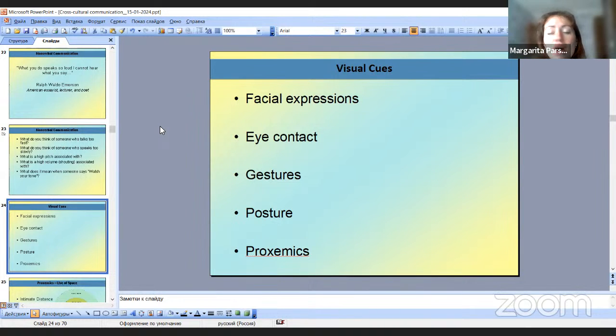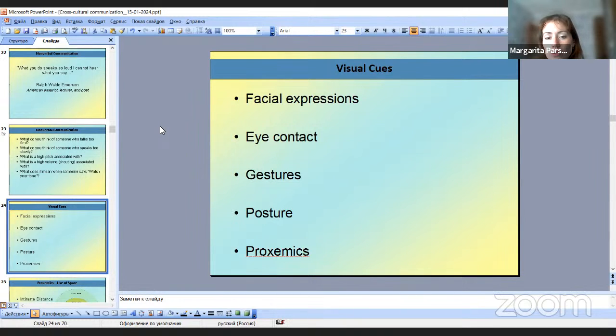Eye contact: when we speak to each other, we must keep eye contact and look the person in the eyes, so that the person can believe in your words more than when you're not looking into the other person's eyes. It's not accepted so well.